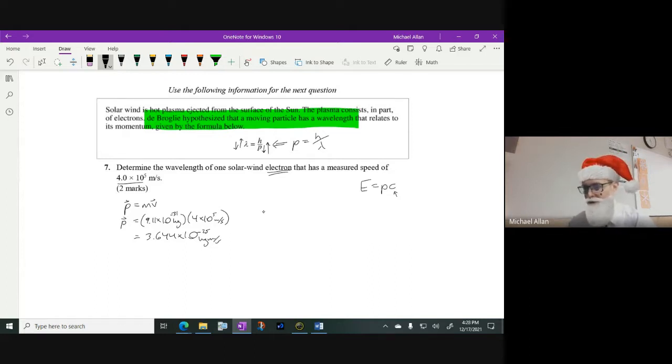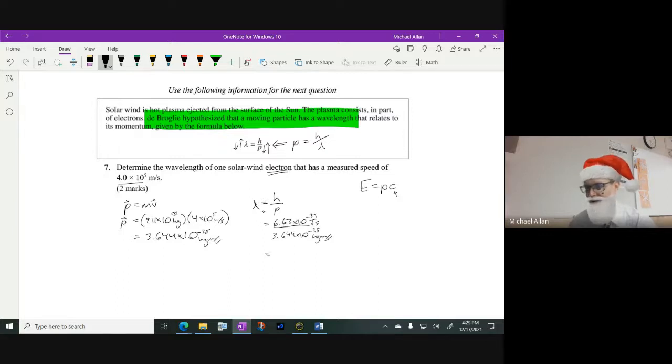What I'm going to do now is plug it into this formula up here, h over p, making sure that I use the Joule version of Planck's constant, which is the only way it actually works out nicely. Put your two numbers in. You don't really have to write all of this out, but put them in.